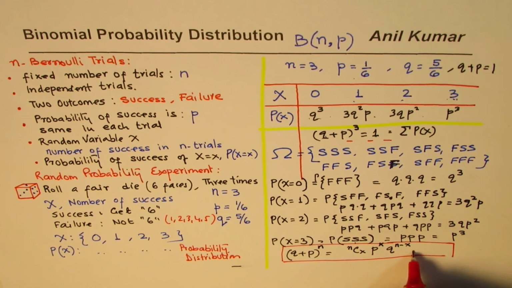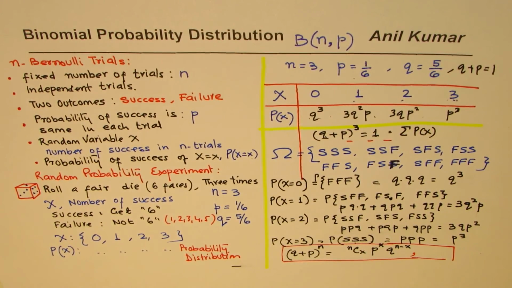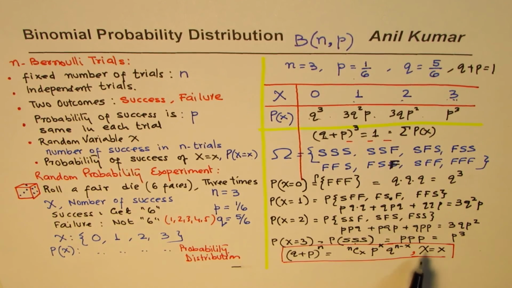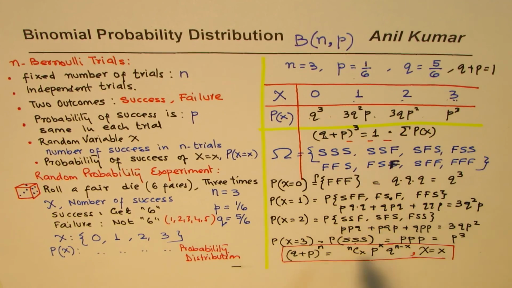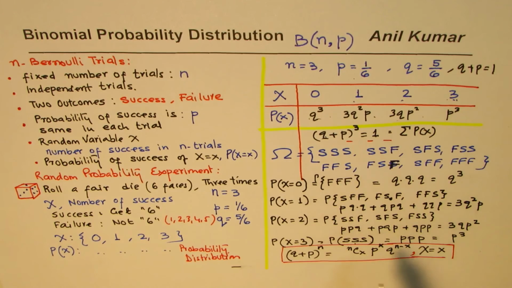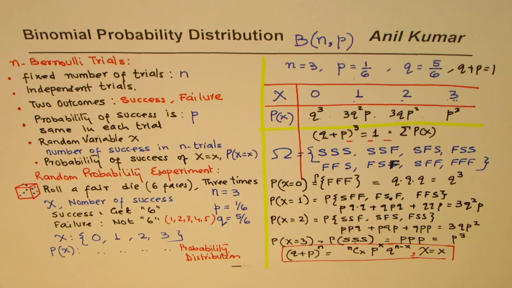So that becomes the general formula for X equals small x. The random variable X can take any such value, and in this expansion, for that particular value, the probability will be nCx p to the power of x q to the power of n minus x. Do you see that? That is what we have concluded from this particular video.